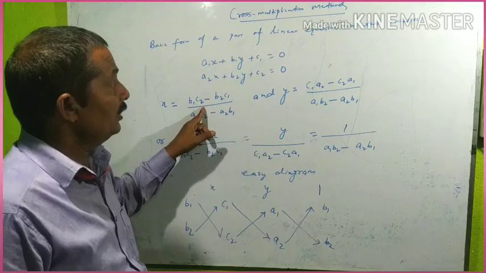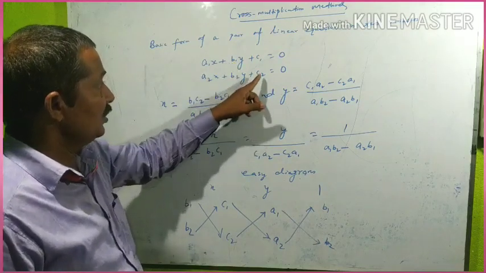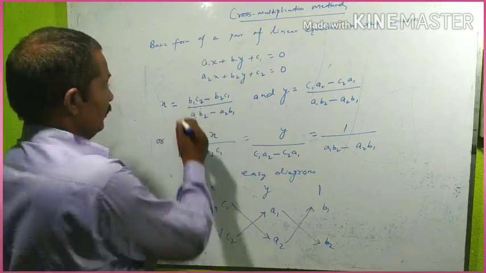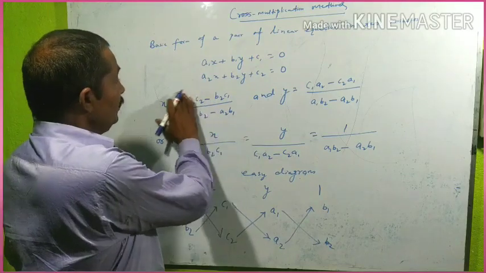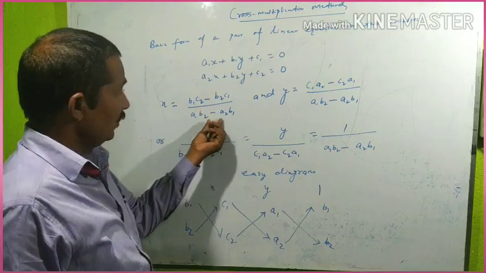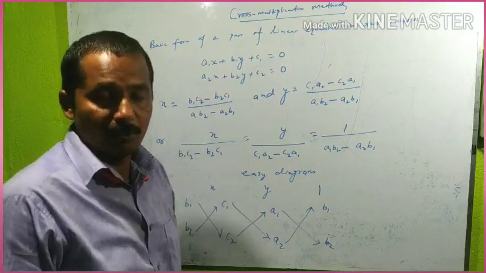Suppose b1 is 6 and c2 is 7, so here will be 6 into 7. So directly you can apply this one and this one to get the value of x and y.